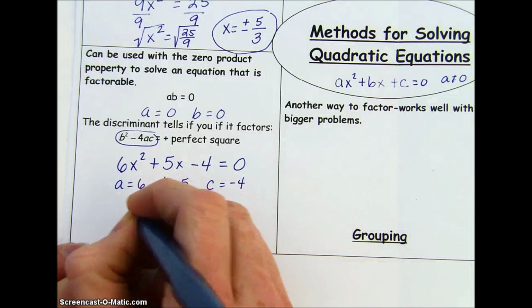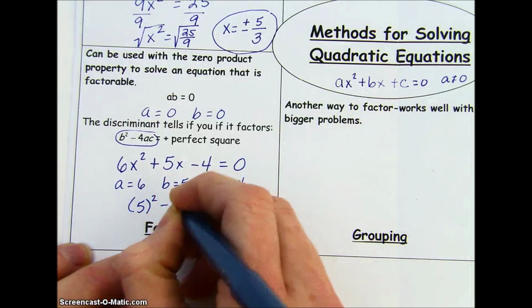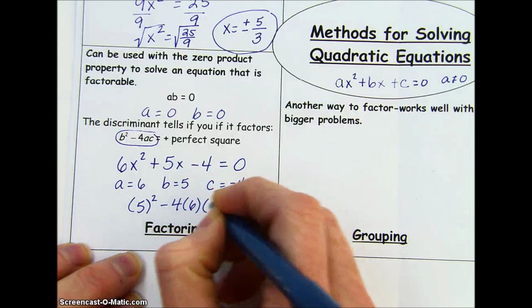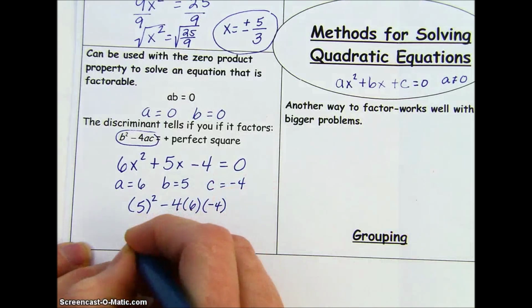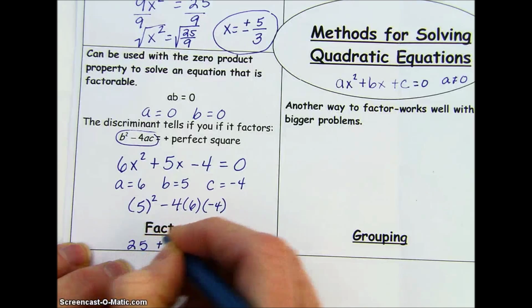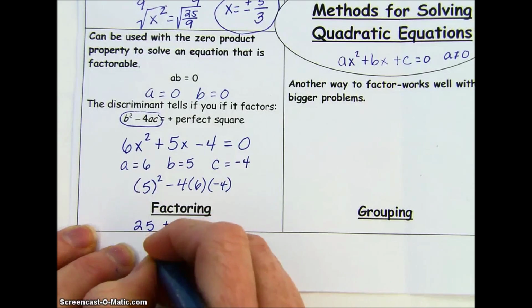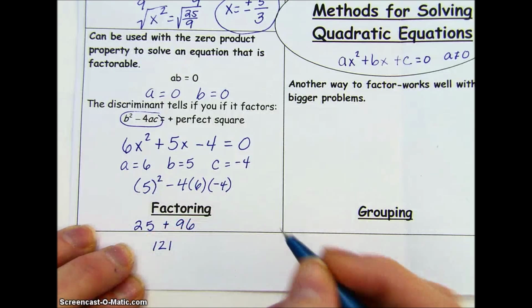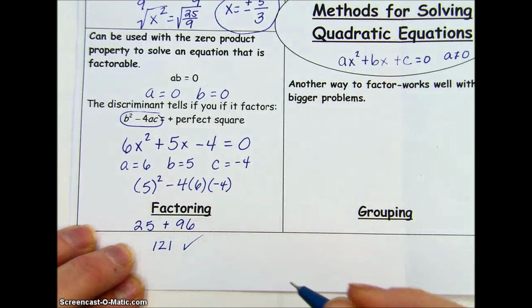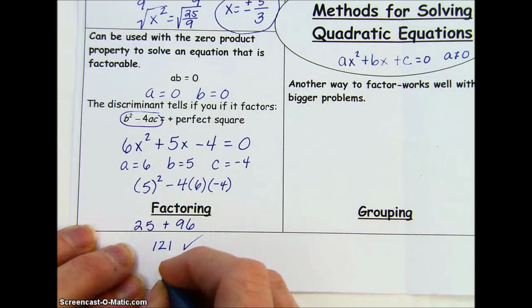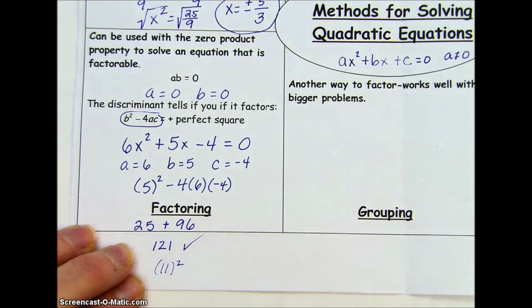So b squared minus 4ac produces 25 plus 96. 25 plus 96 is 121, and 121 is in fact a positive perfect square because of 11 squared.